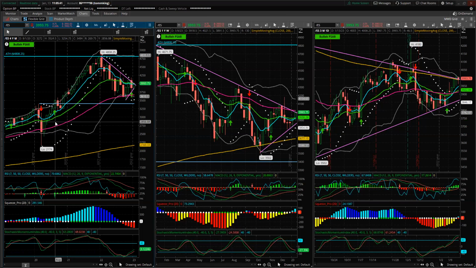And I just want to get a sense of what's happening in the market. So if I'm taking a look at the monthly, what's going on? Well, right now on the monthly, MACD is important for me, and you can see it started to turn back here in October. So the MACD started to turn where we bottomed, and it's starting to head back up. You've got the Squeeze Pro, which continues to sell off.